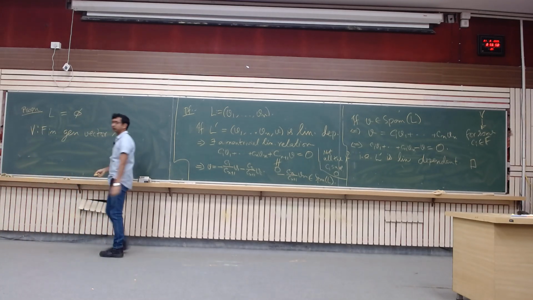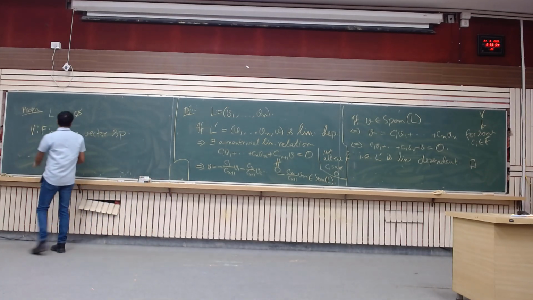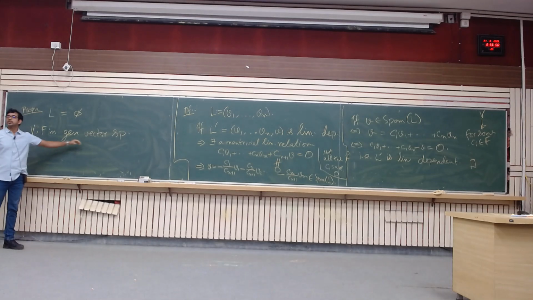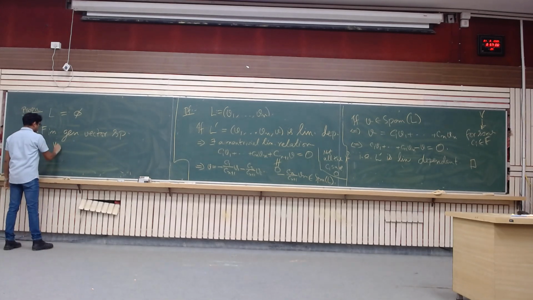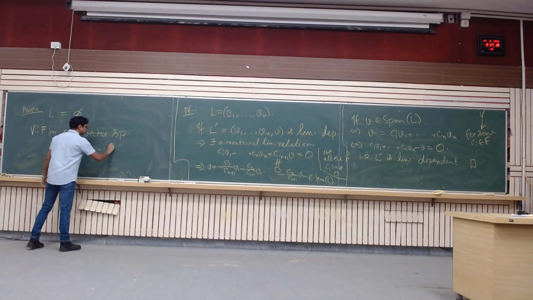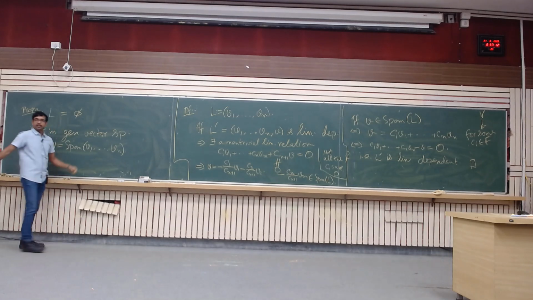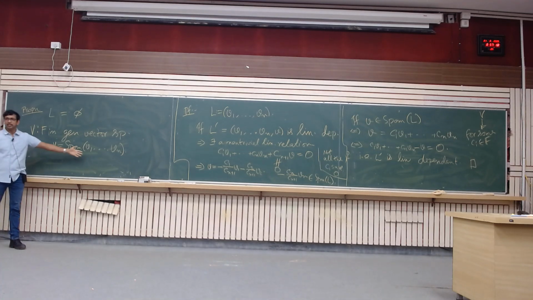Finitely generated vector space means what? There is some finite set S which is generating this, right? So V is the span of, say, V1 dot dot dot Vn. This may not be a basis, but it is the span of some set with finitely many elements.